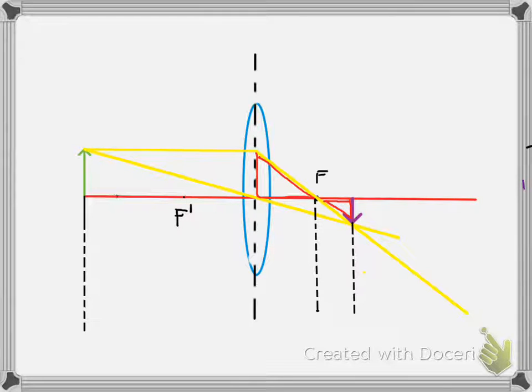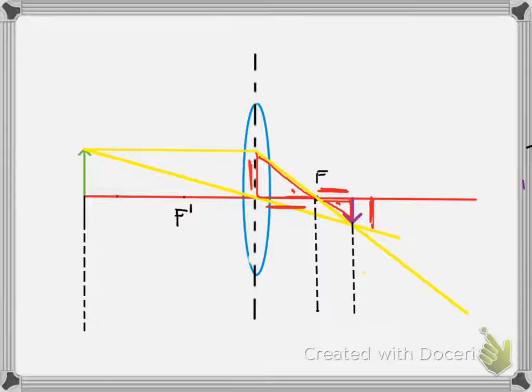So remember, this angle and this angle are going to be the same, which means proportionally this side here and this side here are also going to be proportional. The distance along the base of the triangle, both of those are going to be proportional as well. And those are all just properties of similar triangles. So the equation that I'm eventually going to show you is based on those similar properties.